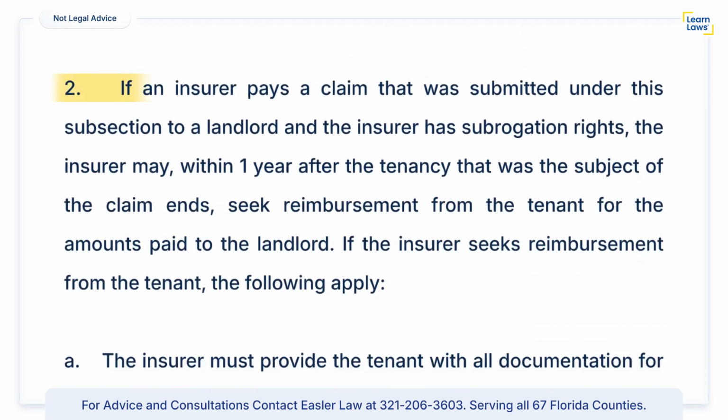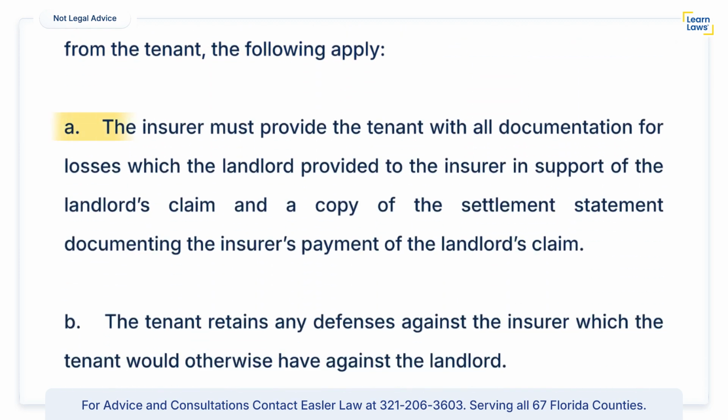2. If an insurer pays a claim that was submitted under this subsection to a landlord and the insurer has subrogation rights, the insurer may, within 1 year after the tenancy that was the subject of the claim ends, seek reimbursement from the tenant for the amounts paid to the landlord. If the insurer seeks reimbursement from the tenant, the following apply.